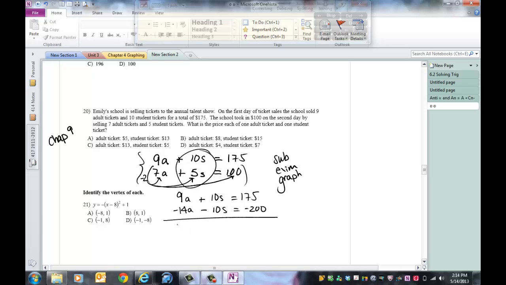Squish my 2 rows together, and I would have A equals 5. So right away, if this were multiple choice, which this is, I know that I have a $5 adult ticket and A is my only option for that. If I needed to go further, I would plug this A back into any one of my original equations.